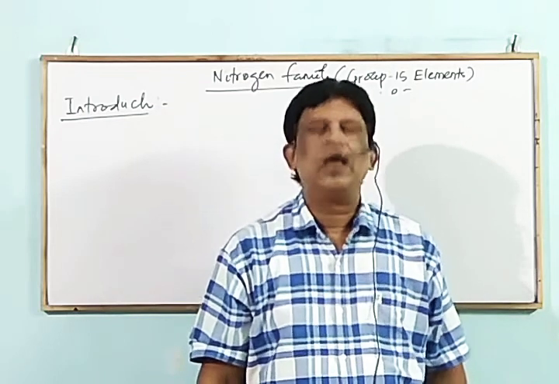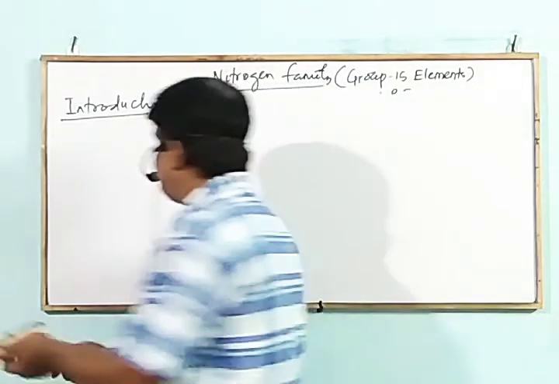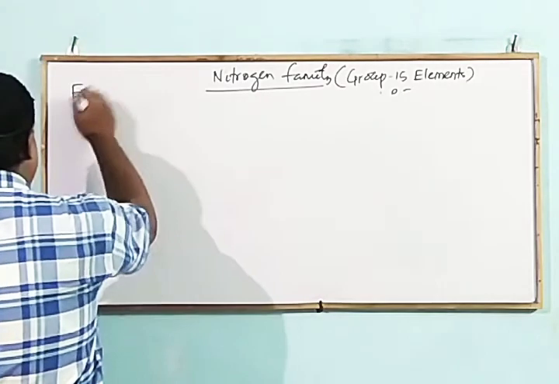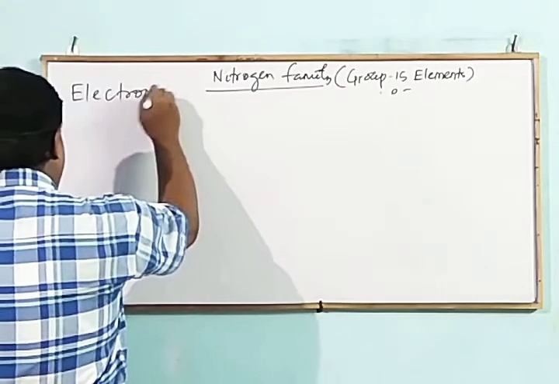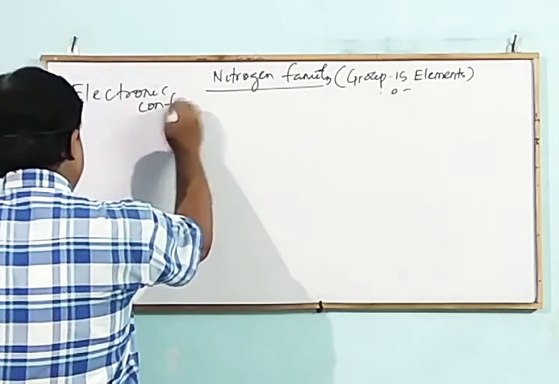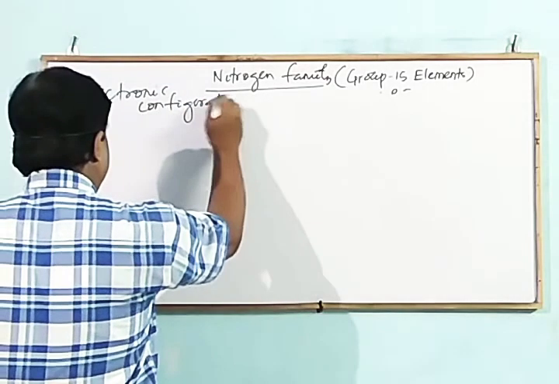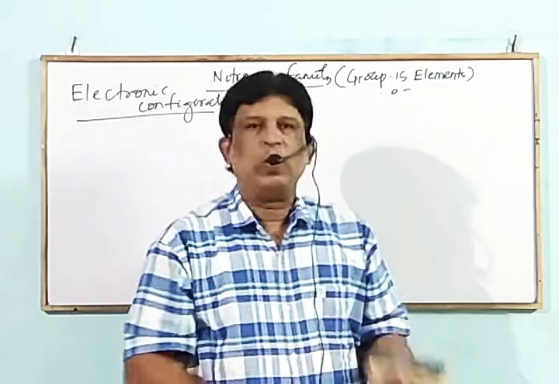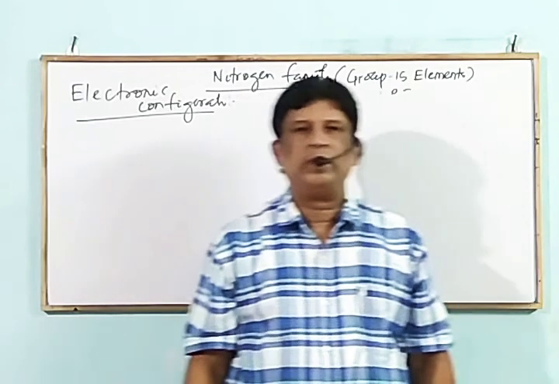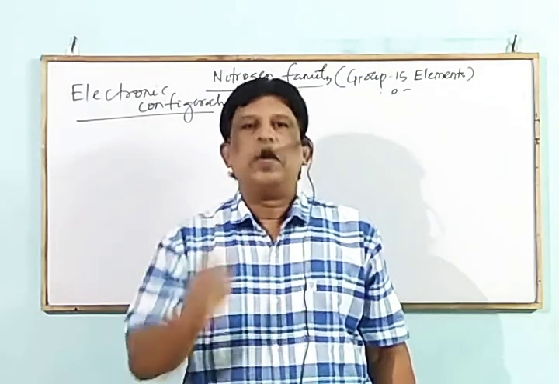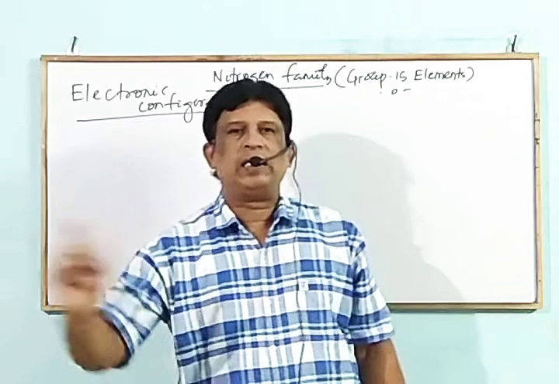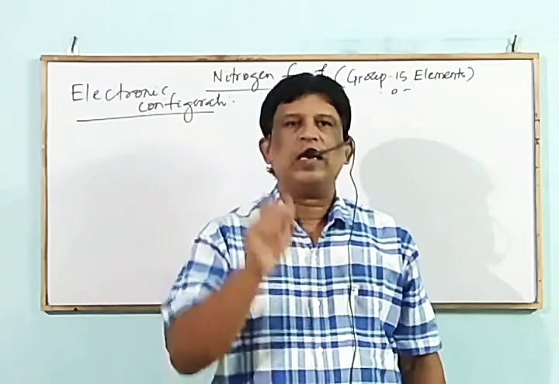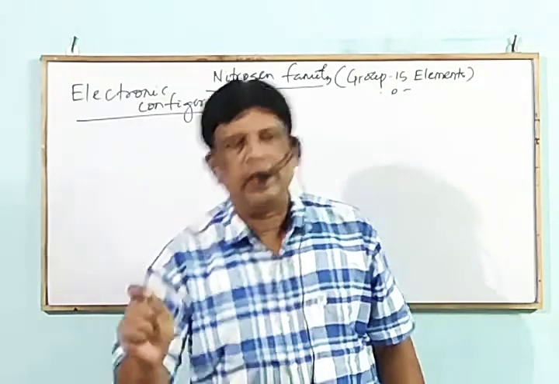Next, we discuss about the electronic configuration. From the electronic configuration, it is clear that they have 5 electrons in their valency shell, showing common outermost electronic configuration ns2 np3.